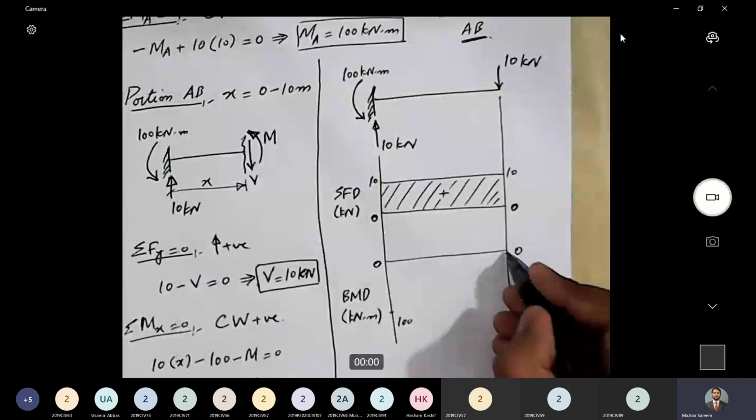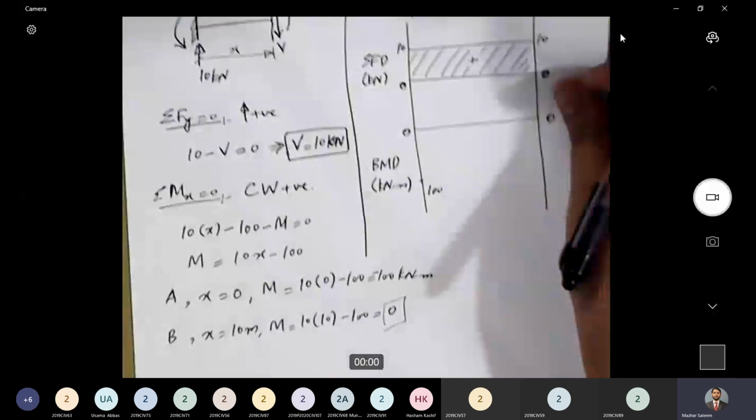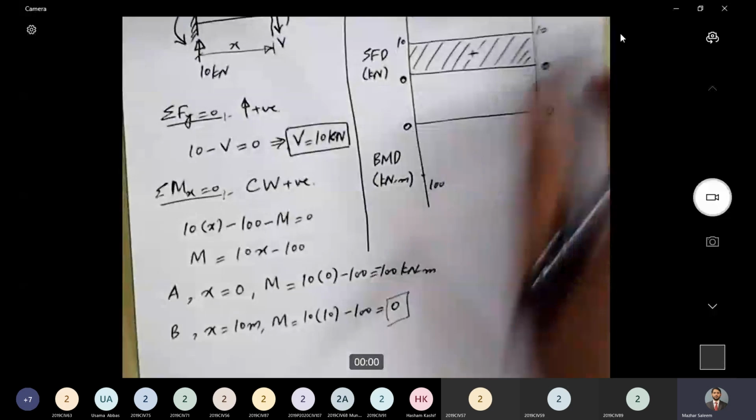Now again, the question is how should we join these 2 points? Should we join with a straight line or a curved line? And if it's curved, what will be the degree of the curve? That we will see from the equation of the bending moment for portion AB. Look at this equation. This equation is first degree. The power of x, or the degree of x, is 1.